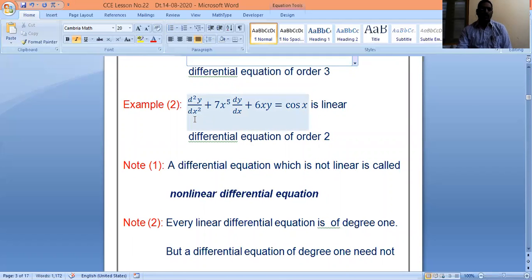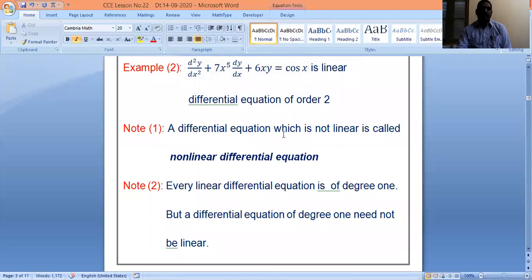Example 2. d^2 y/dx^2 plus 7x^5 dy/dx plus 6xy is equal to cos x is a linear differential equation of order 2, since the order of the differential equation is 2.